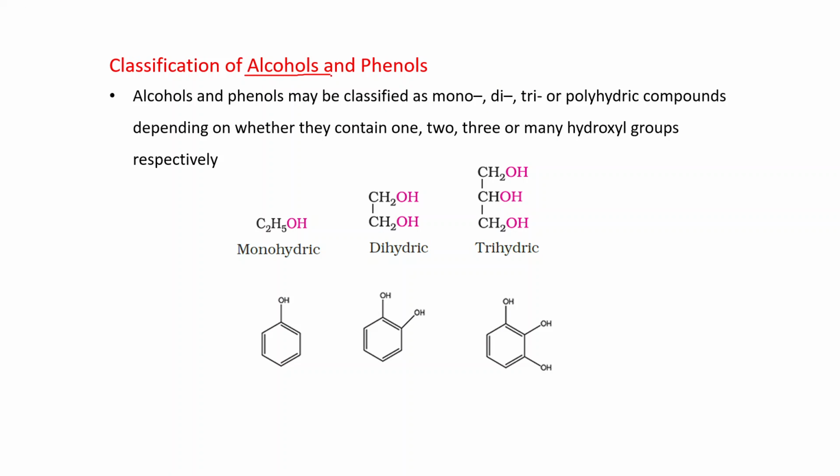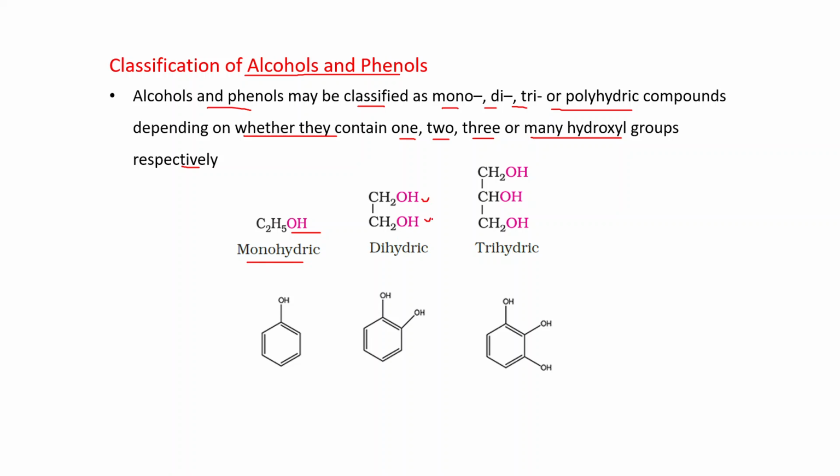Classification of alcohols and phenols. Alcohols and phenols may be classified as mono, di, tri or polyhydric compounds depending on whether they contain 1, 2, 3 or many hydroxyl groups respectively. For example, one OH group is there, monohydric alcohol.